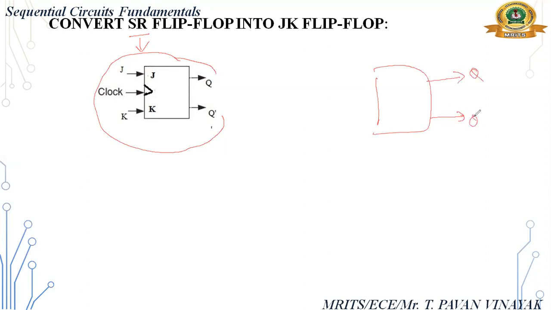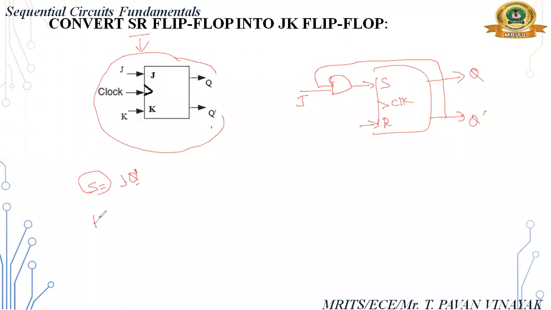This is S, this is R and the clock signal. What expression do you get for S? After solving, you got J Q bar. J into Q bar means an AND gate. So I am drawing one AND gate. This is J. Q bar is obtained from here, so take Q bar from here.